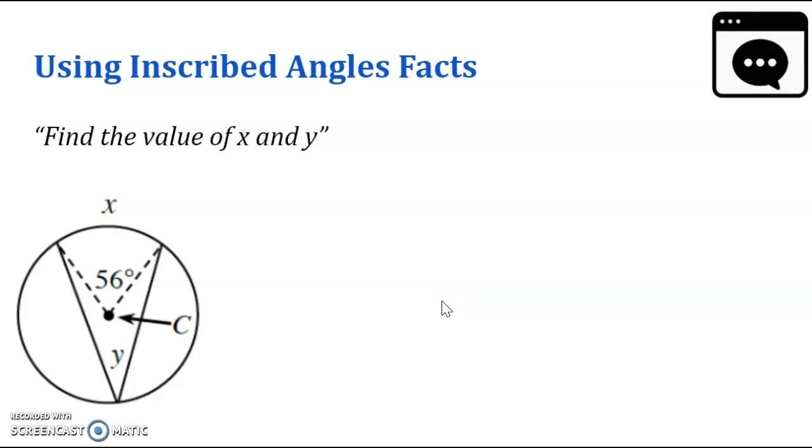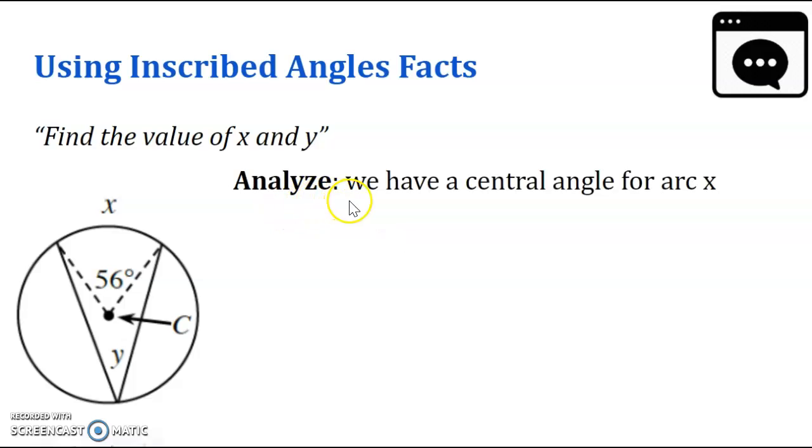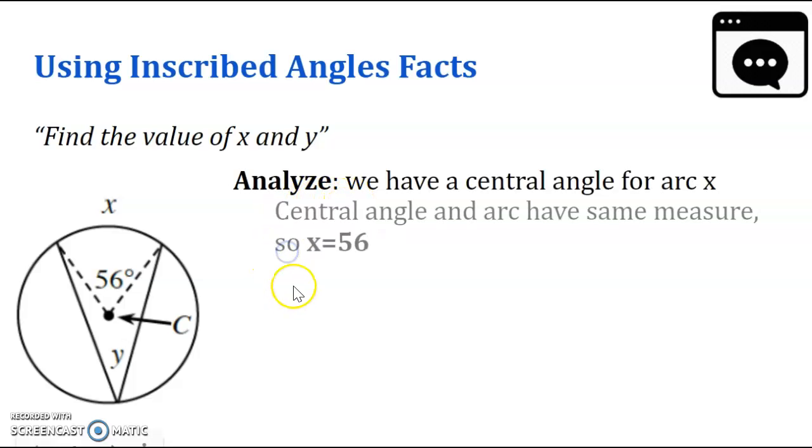Okay, so let's use inscribed angle facts to find the value of x and y. If we know the central angle to be 56 degrees, what do we know about the arc measure here? Well, we have the central angle for arc x, and central angle and arc have the same measure. So if this is 56 degrees, then the arc measure of x is 56 degrees. So x is 56 degrees.